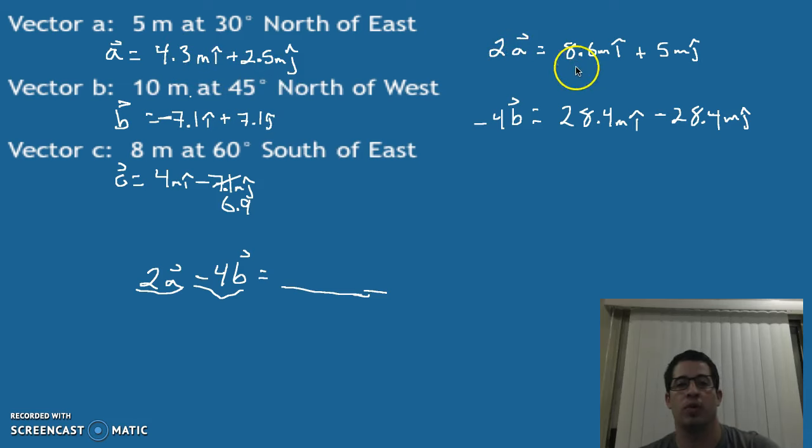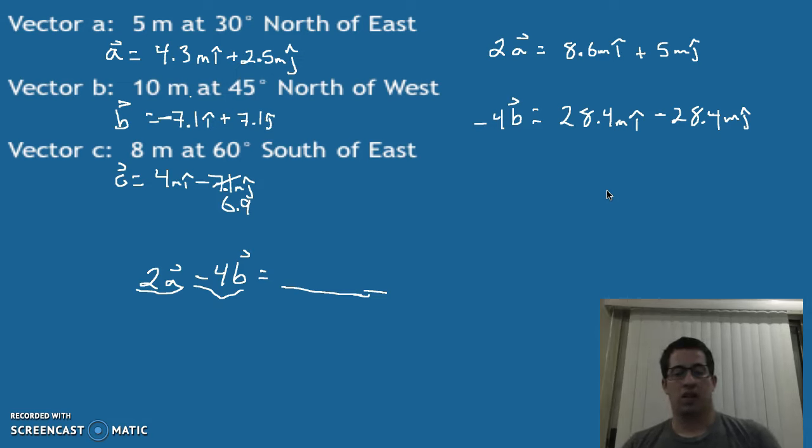So 2 times 4.3 is 8.6, and 2.5 times 2 is 5. And for vector B, -4 times B: -4 times -7.1 gives us positive 28.4, and -4 times positive 7.1 gives us negative 28.4.